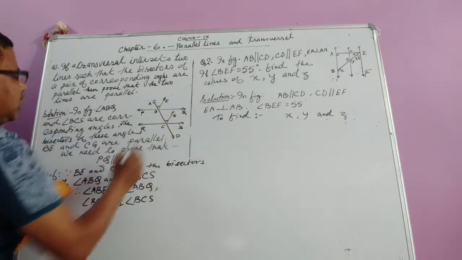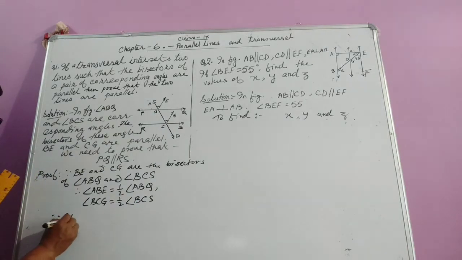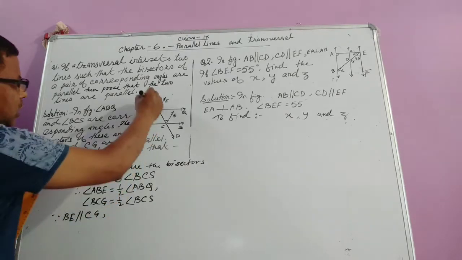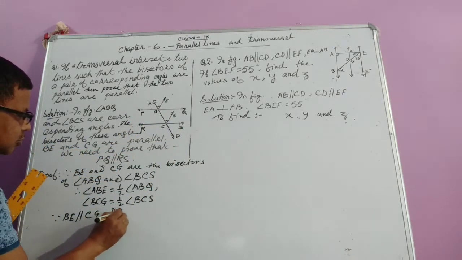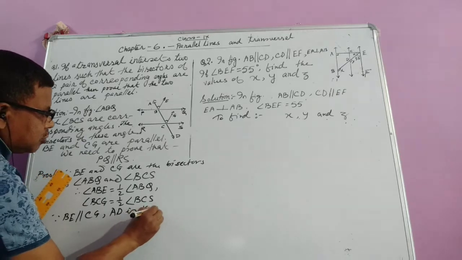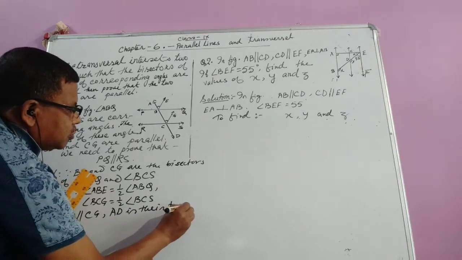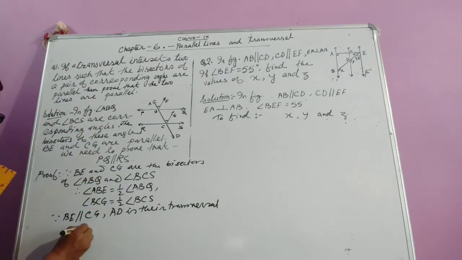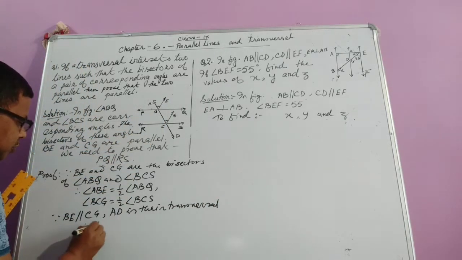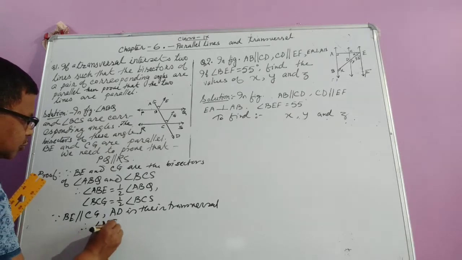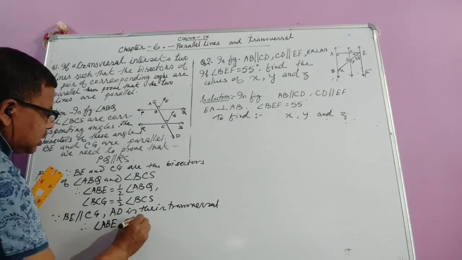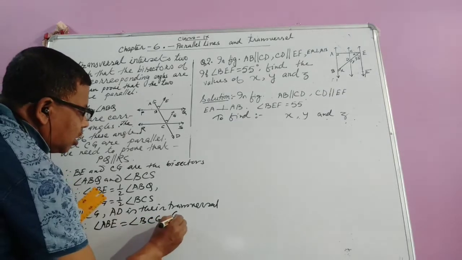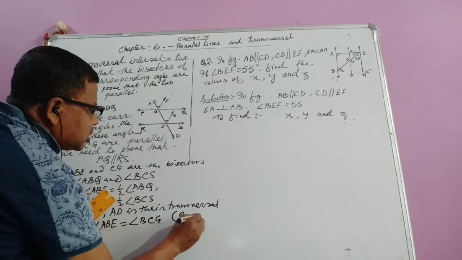But we are given BE parallel to CG, and AB is their transversal. Therefore, angle ABE is equal to angle BCG, as these are corresponding angles.